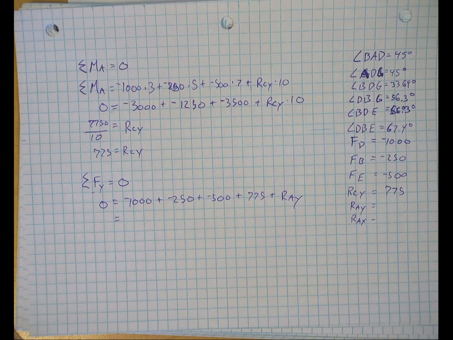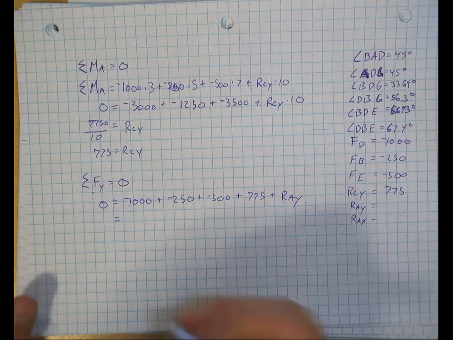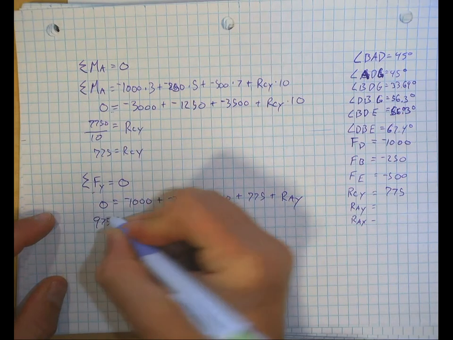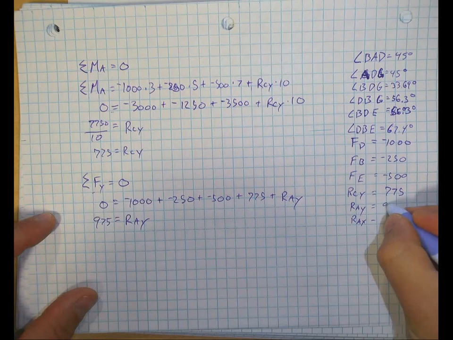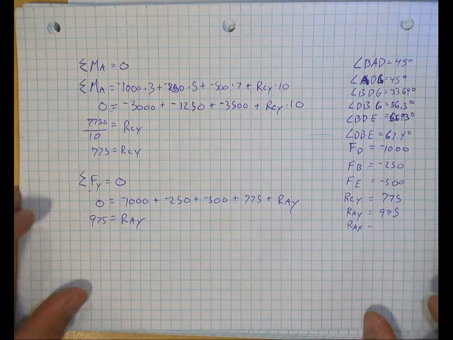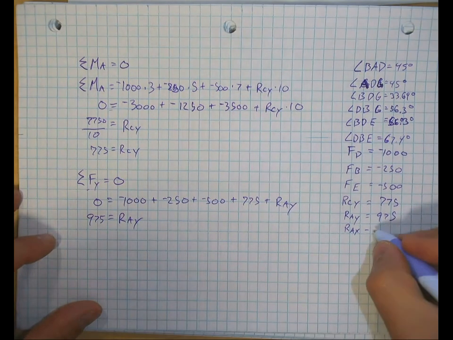Let me do my calculations. Did I make a mistake? Yes. What we get is 975 equals RAY.